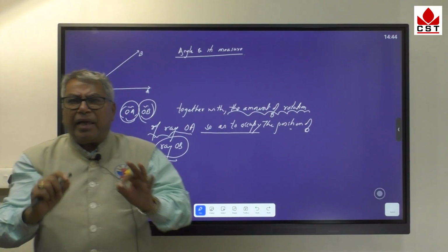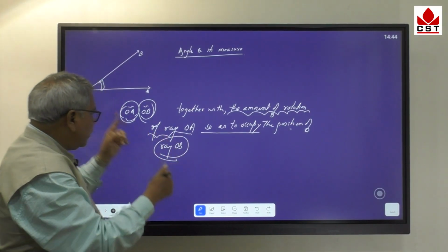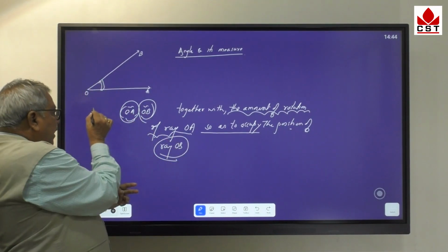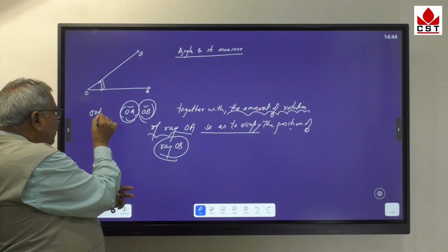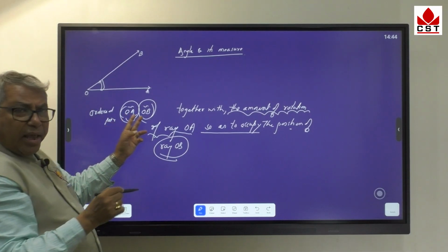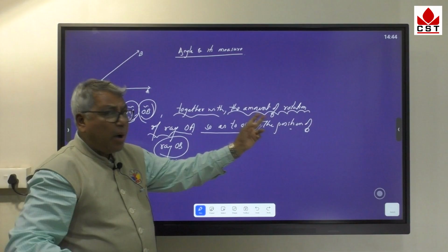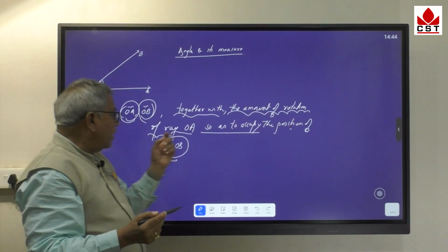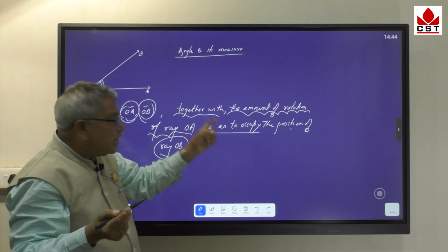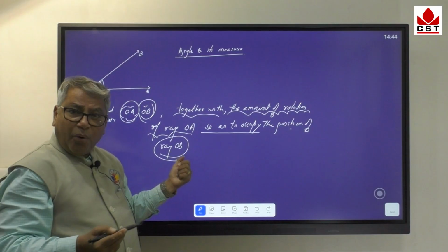Angle is the amount of rotation. So again, I define: ray OA, ray OB, this is the ordered pair. Together with them, the amount of rotation of ray OA so as to occupy the position of ray OB.